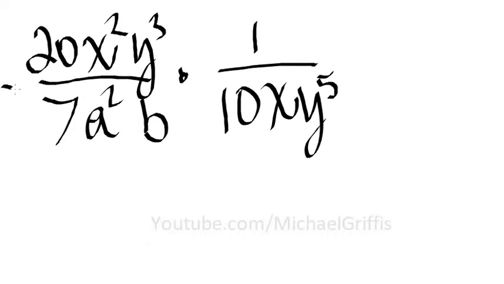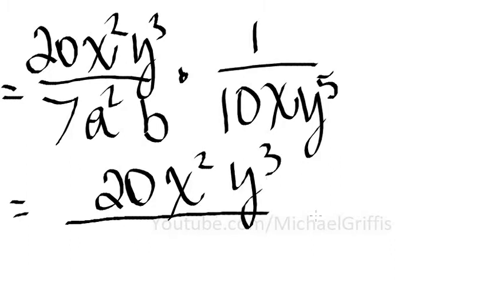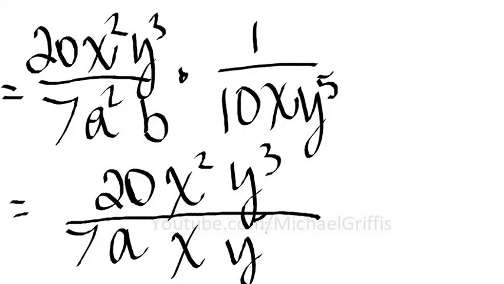Okay, so I'm going to rewrite this with 20x squared y cubed over 7a, let's put the x there, and we'll put the y to the fifth here.